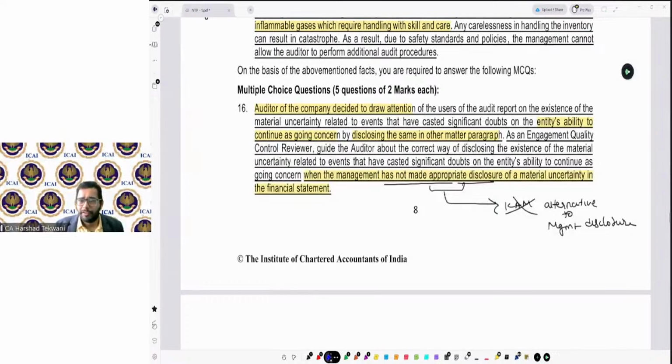Any doubts with respect to this? Namrata, can you explain your query more with respect to your insurance one?